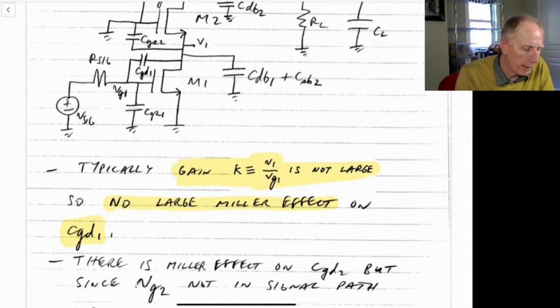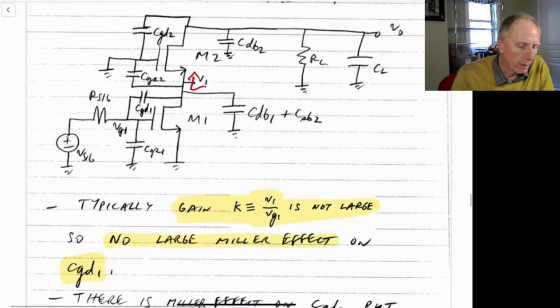The impedance looking down into the drain of M1 is r_o1, which is large, but the impedance looking up into M2 is looking up into the source of M2. At frequencies of any interest, the drain resistance of M2 starts to become small, so the impedance looking up just looks like 1 over g_m2, which is much smaller than r_o. So the impedance looking up is about 1 over g_m2, which is a small value.